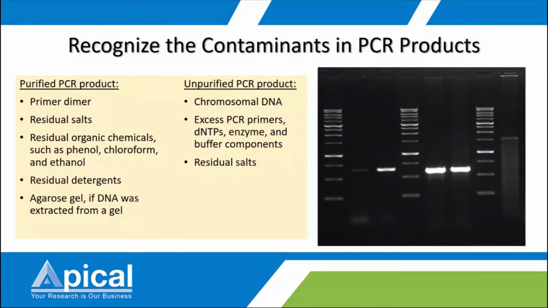Excess dNTP and enzyme are contaminants that can inhibit your sequencing. The invisible contaminants are things you will see when you run the gel, such as primer dimer, any unspecific band, or smearing, which means the presence of short DNA inside your sample.